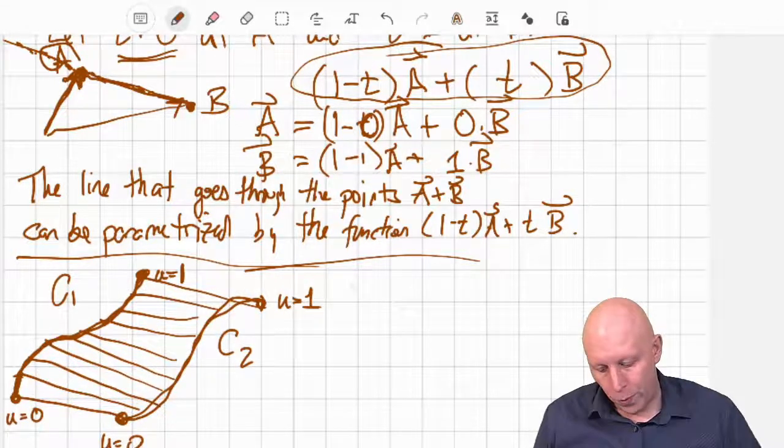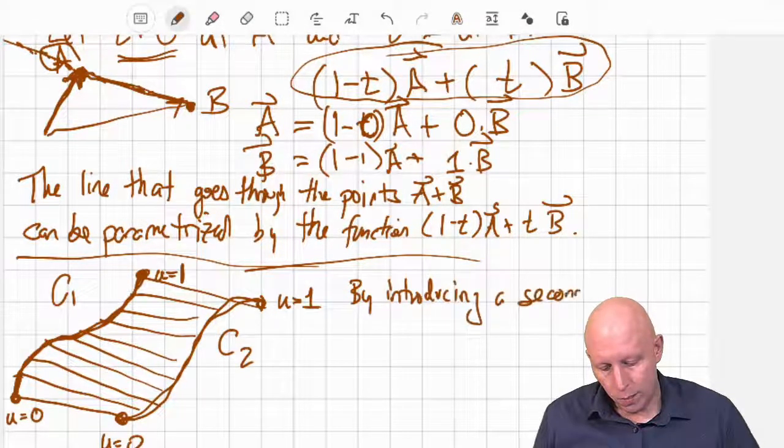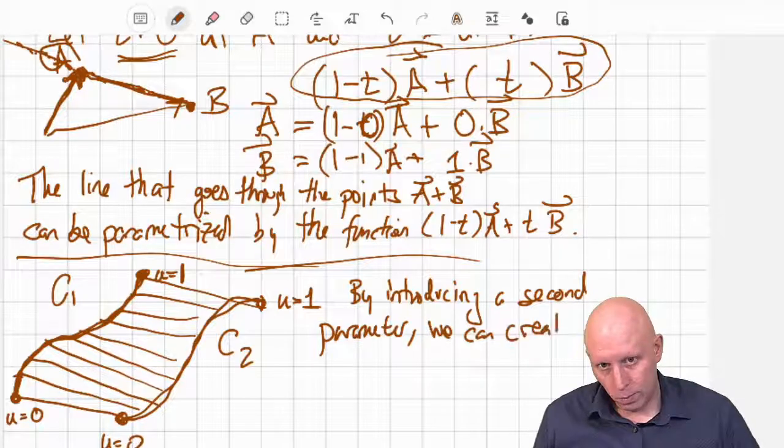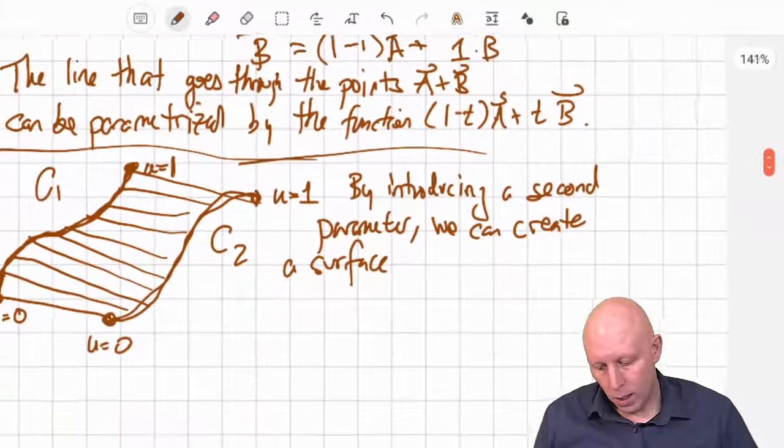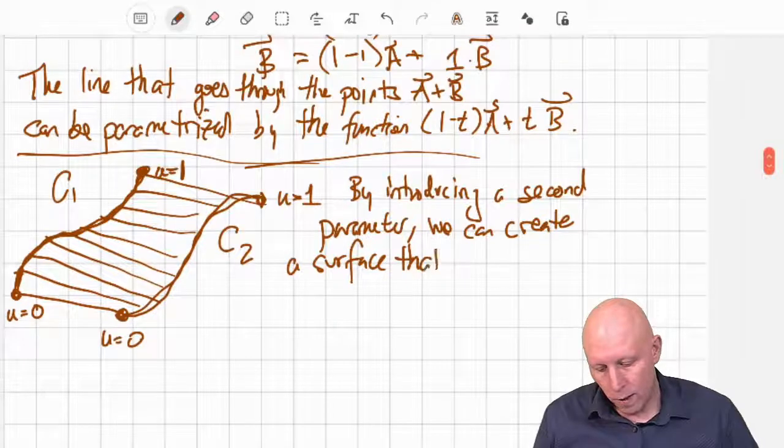And so, by introducing a second parameter, we can create a surface that interpolates between two curves.